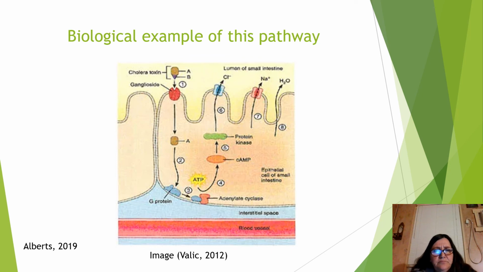And it's these ions and all this water that cause the diarrhea, and the diarrhea is what causes the dehydration when you get cholera. And so I just thought that was a neat example to put on there, even though there are lots of biological examples I could have used in these pathways. I just thought that one was kind of neat.